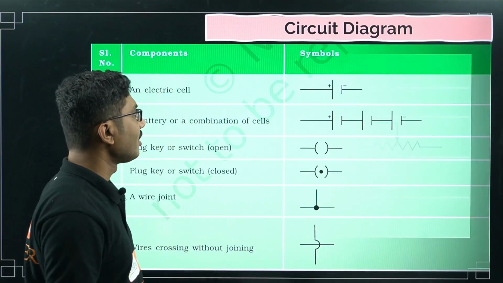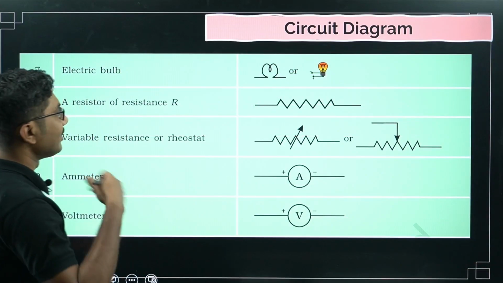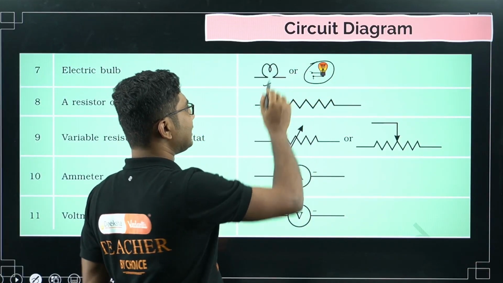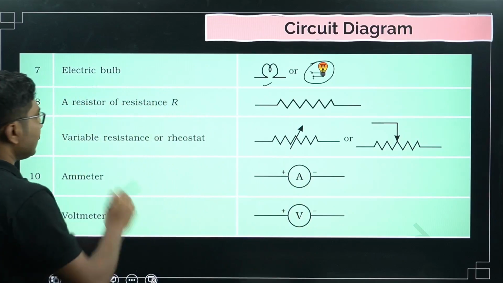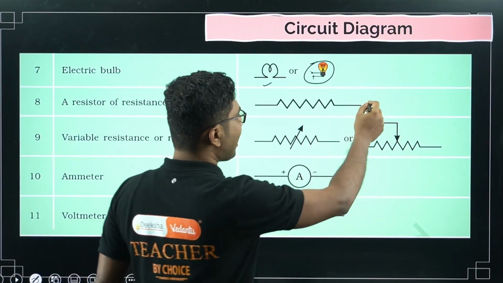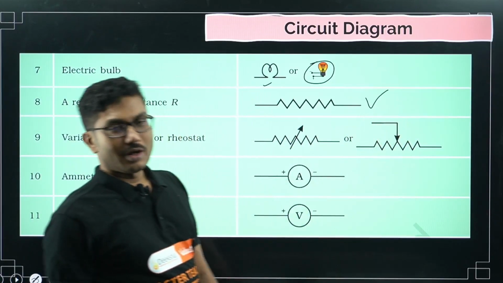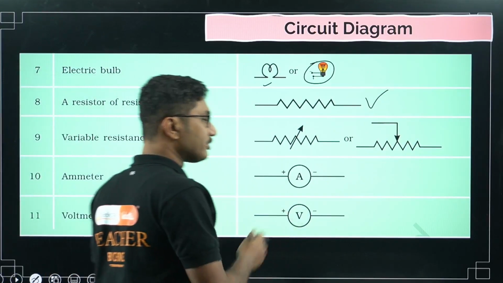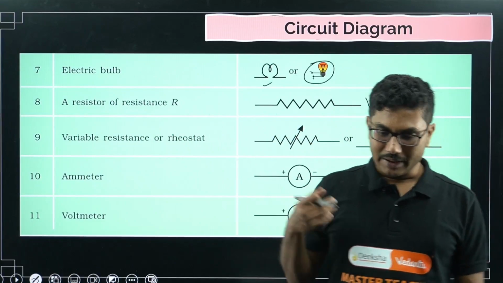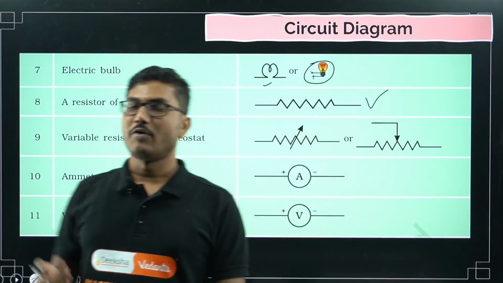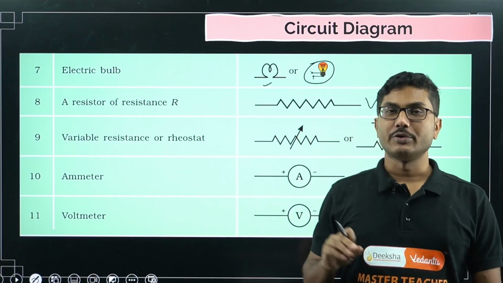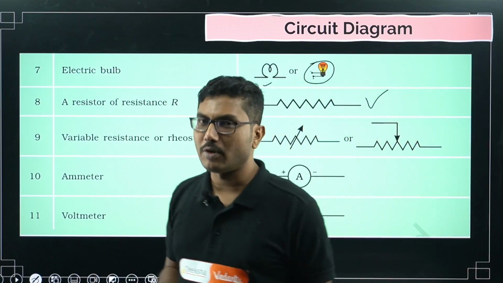Okay, now next is electric bulb. Obviously you cannot draw the actual bulb, so this is the symbol for electric bulb. This is the symbol for electric resistance, about which we will study more in our next class. Variable resistance or rheostat. A rheostat is a device which can be used to control the resistance. For example, if you are using a switch to control the speed of the fan, which is a type of rheostat.